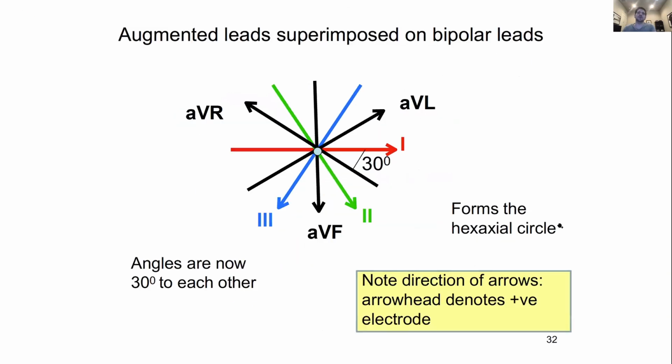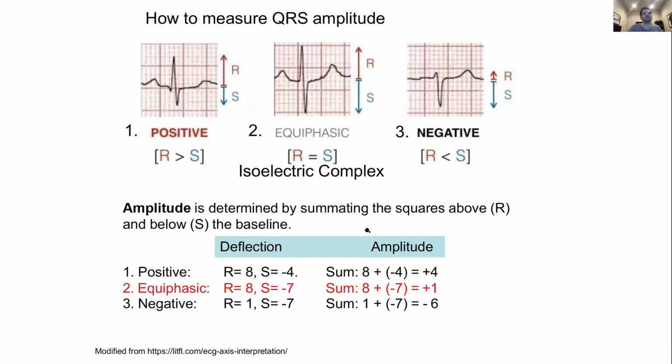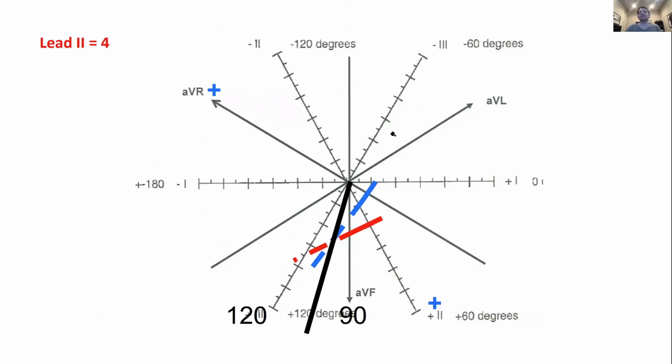Any of the points that have arrowheads on them are going to be positive. So this is a positive deflection. Think about it: positive to the right arm, positive to the left arm, positive to the foot. Then lead 1 starts here, this is positive, lead 2 is positive, and lead 3 is positive. The opposites correlate to the other side.